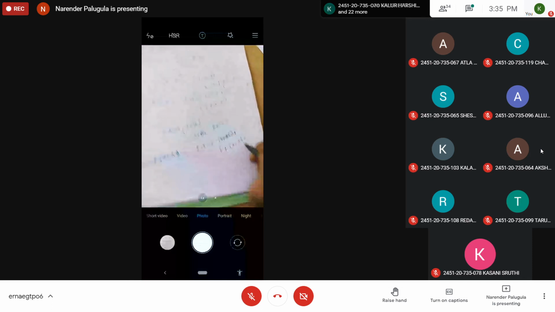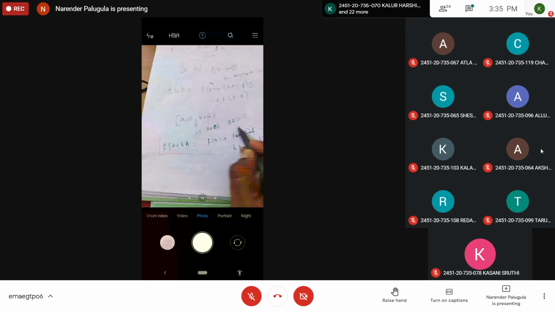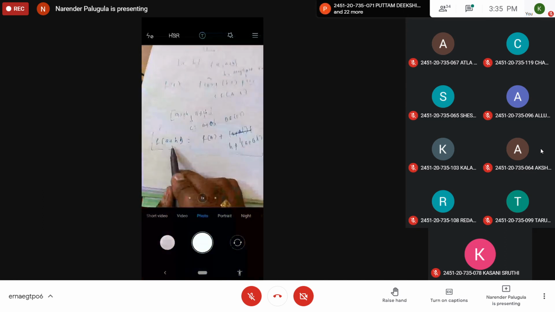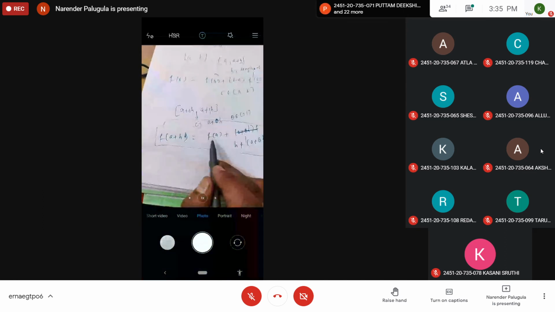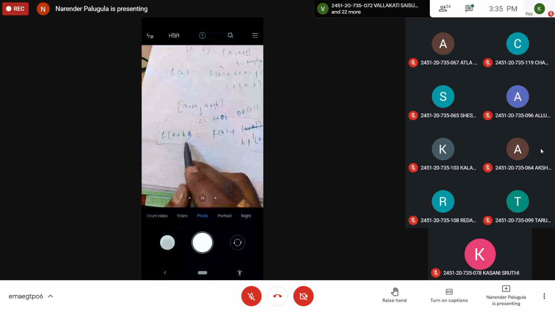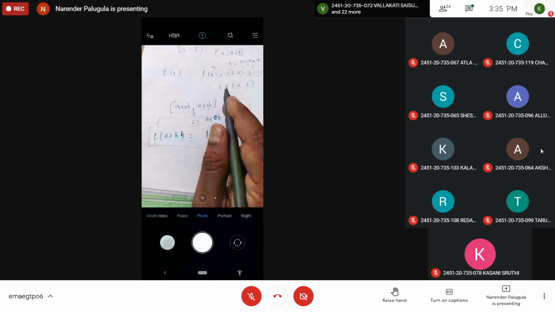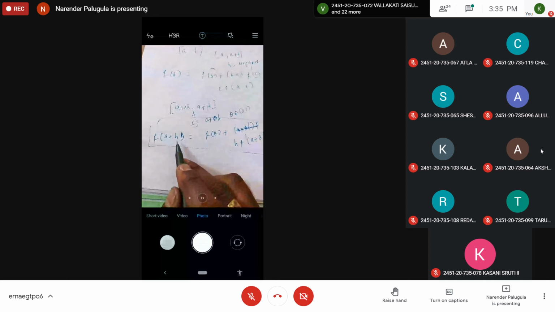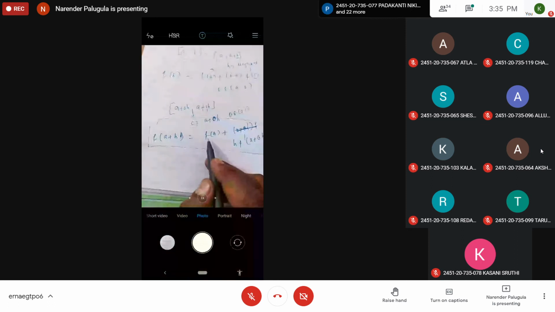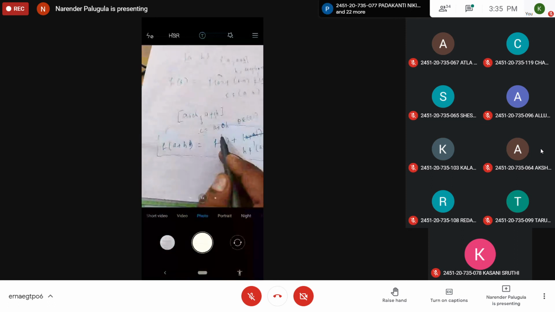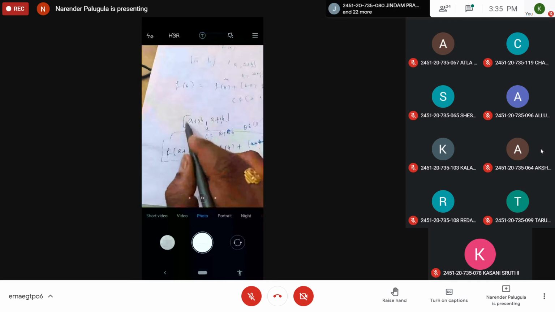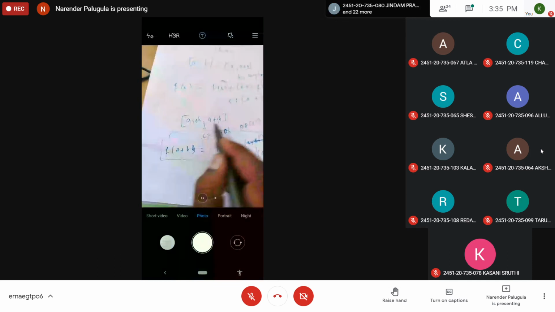Now this is the alternate form of Lagrange's theorem. f of (a plus h) is equal to f of a plus h into f dash (a plus theta h). Any point in the interval, the function value can be expressed in terms of the initial value f of a, where a is the first value of the interval.